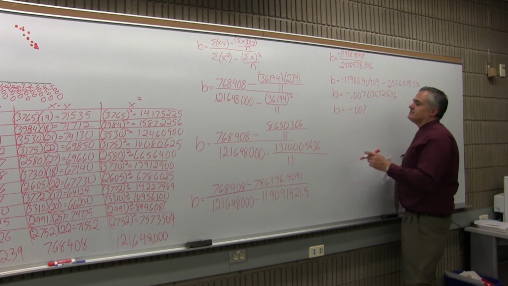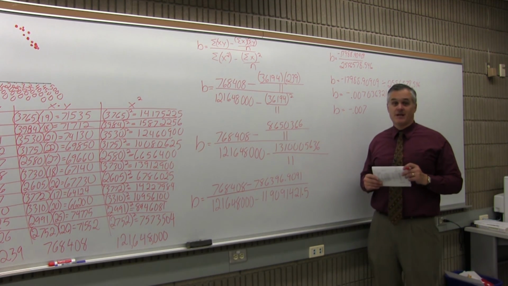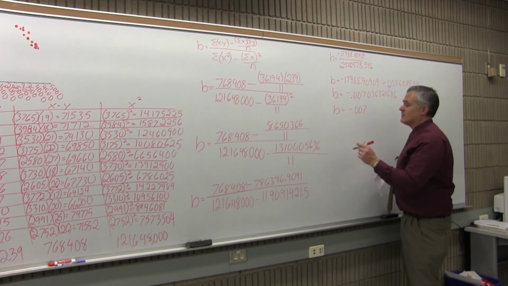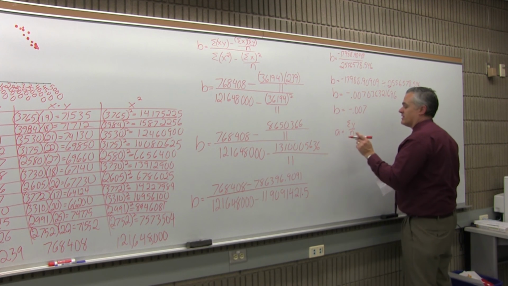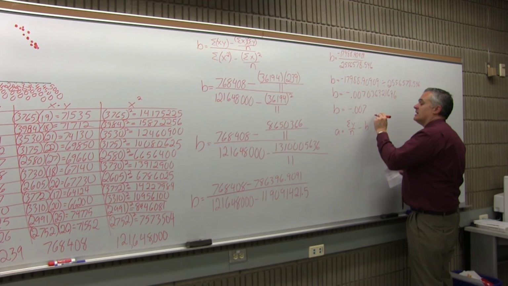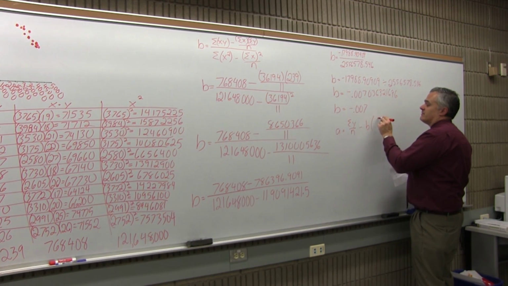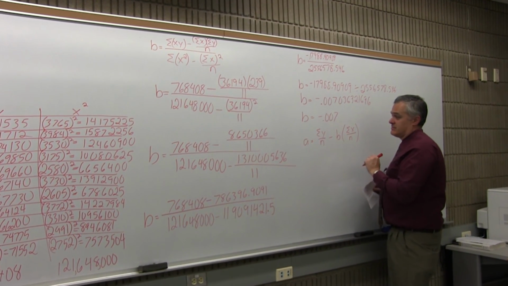So now that we found b, the next step is to find a. So a equals total of the y values over n, which I've written in my chart over there, minus b, this b that we just found, times total of the x values over n.